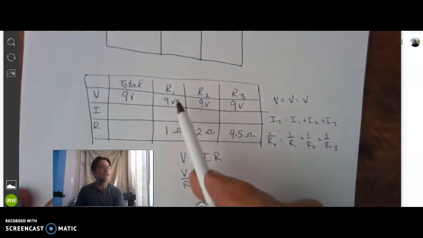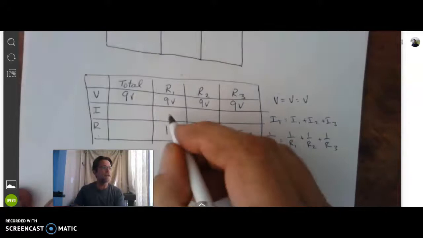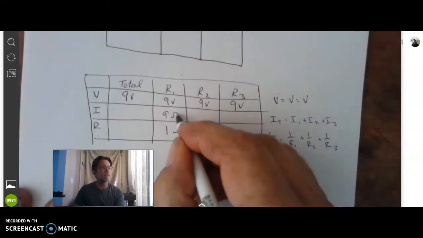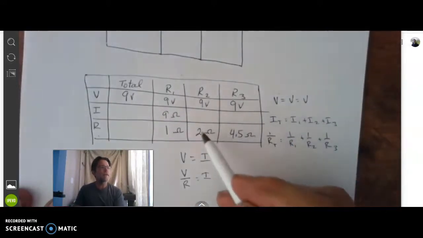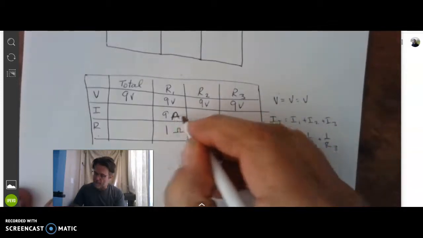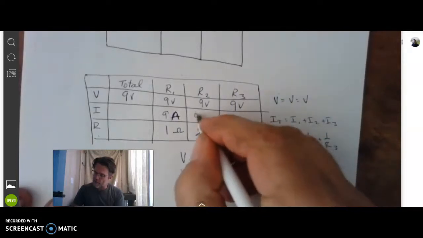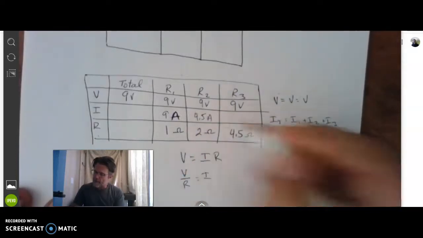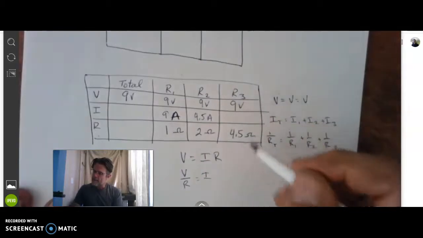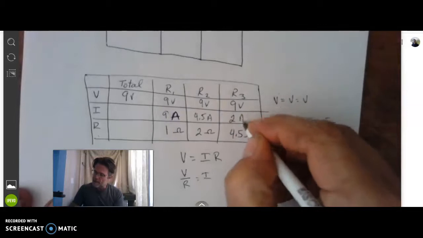Okay, so if we have 9 divided by R at the first resistor, that would be 9 amps. 9 divided by 2 is going to be 4.5 amps, sorry. 9 divided by 2 ohms is going to be 4.5 amps, and 9 divided by 4.5 is going to be our 2 amps.